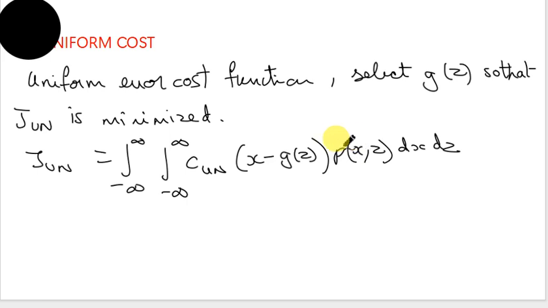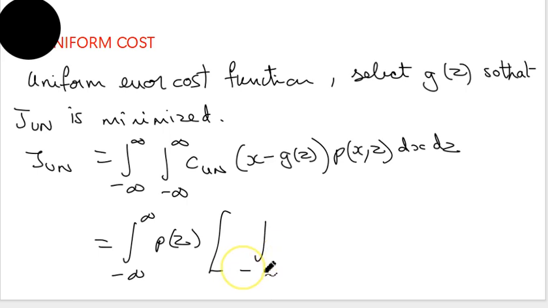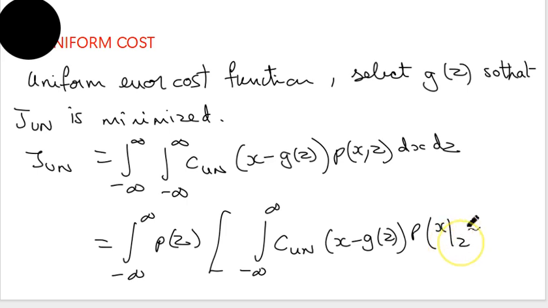In order to minimize this, we will start proceeding with the term that is inside. So I will have the integral from minus infinity to infinity. I will rewrite p of x comma z as p of x restricted to z into p of z. Pull the p of z outside, and then I will have the integral from minus infinity to infinity of C_UN of x minus g of z into p of x restricted to z into dx, the whole thing into dz.